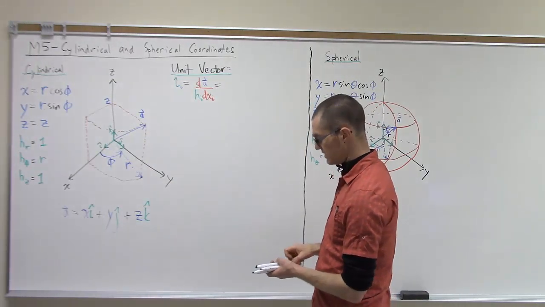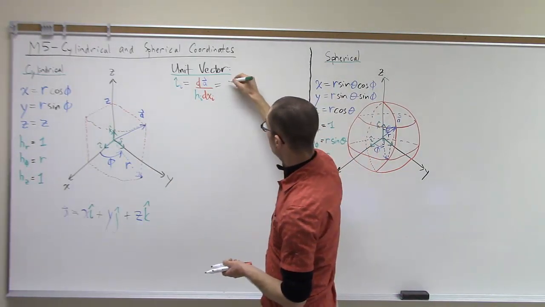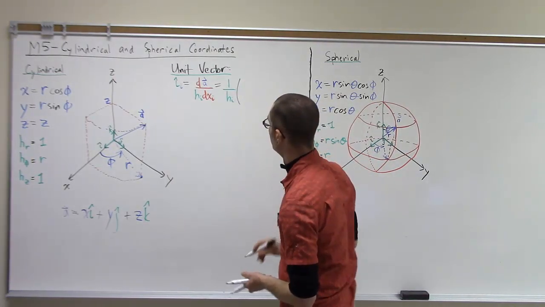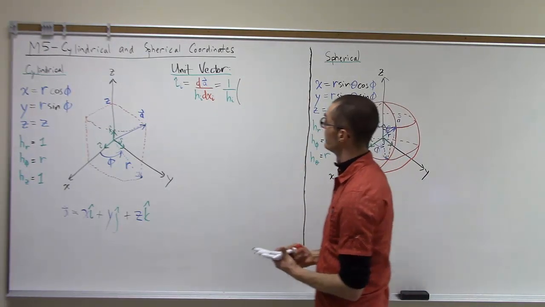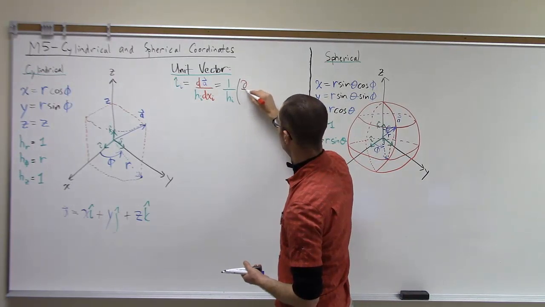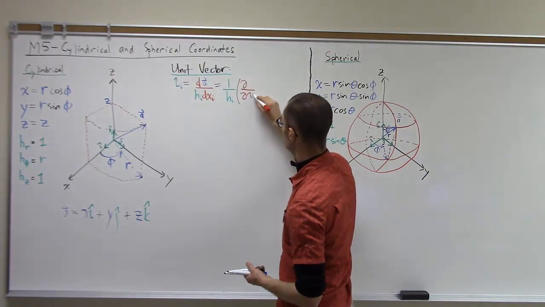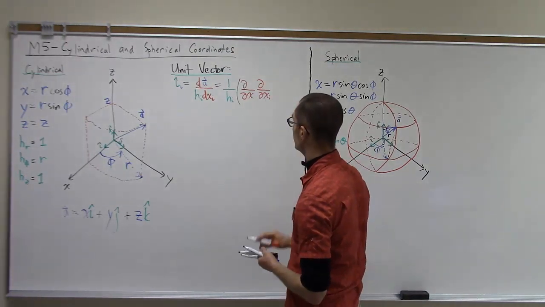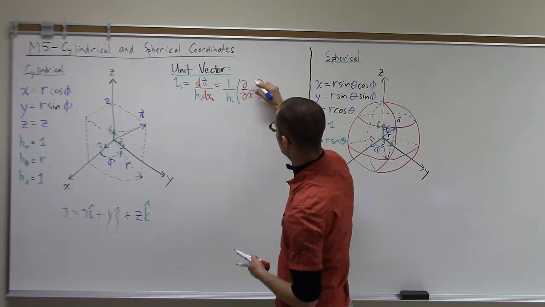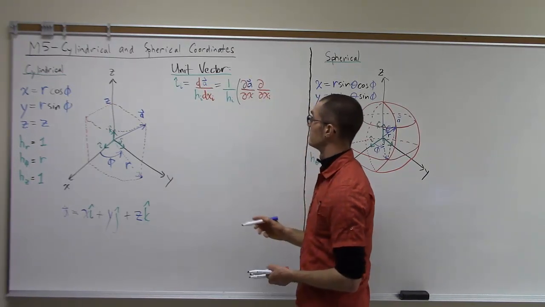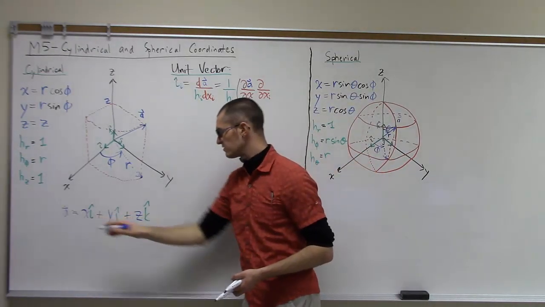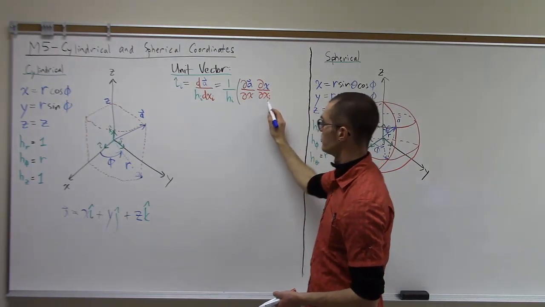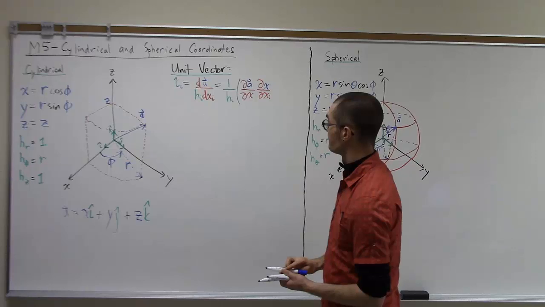So we can write this out as 1 over hi, and then in parentheses, the partial derivative of A with respect to x times the partial derivative of x with respect to xi.